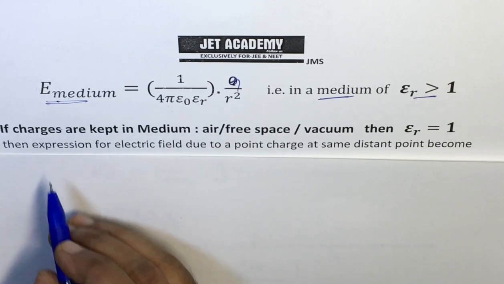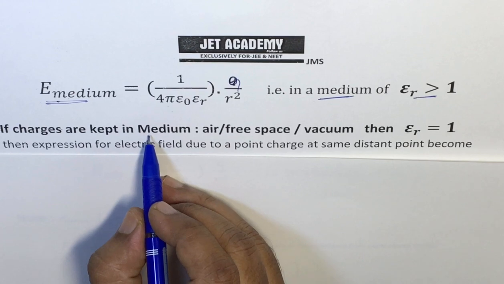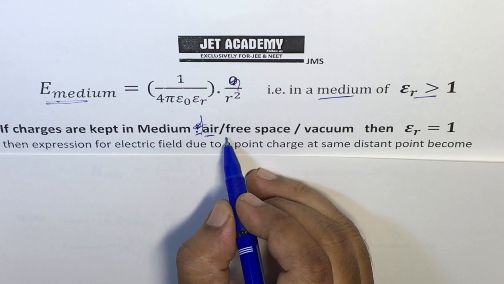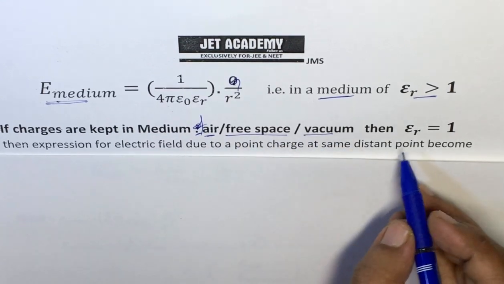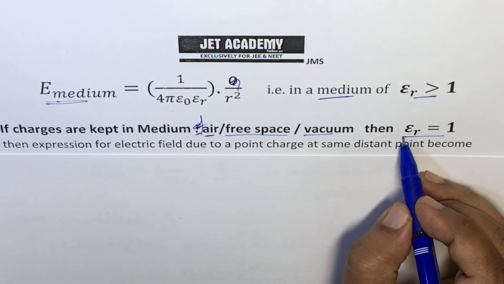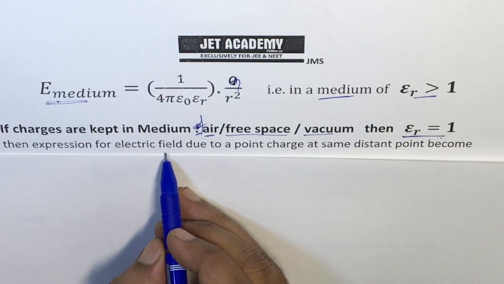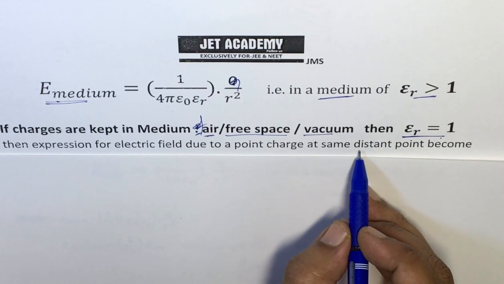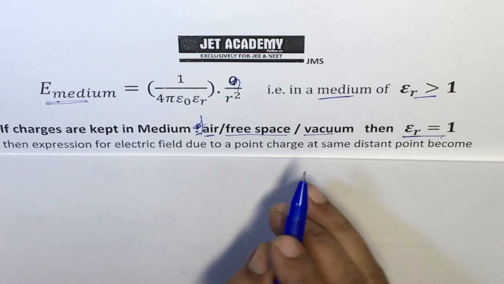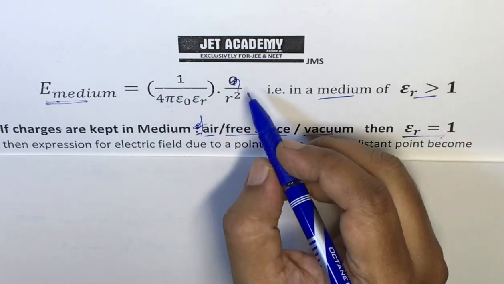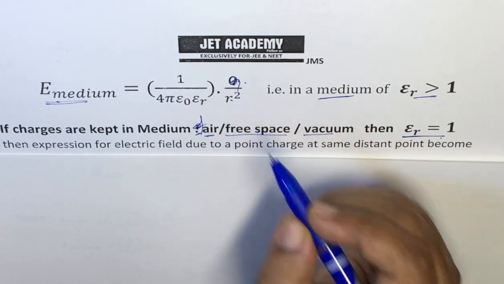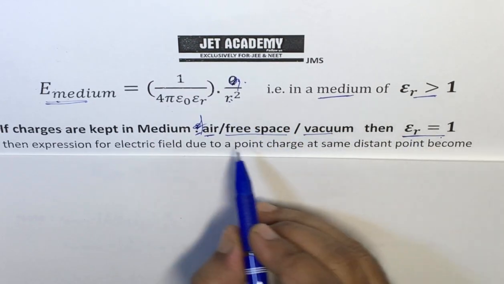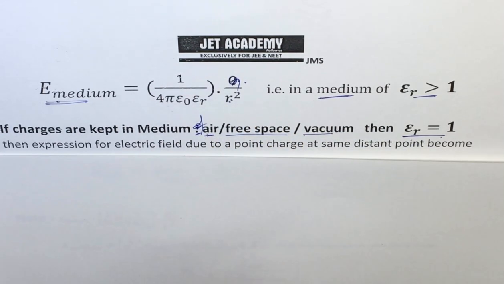Imagine the charges are kept in a medium of air or free space or in vacuum. We know that epsilon r becomes 1. Then the expression for electric field intensity magnitude due to a point charge at the same distant point becomes, for the same Q and R, but the only thing is I changed the medium to air.